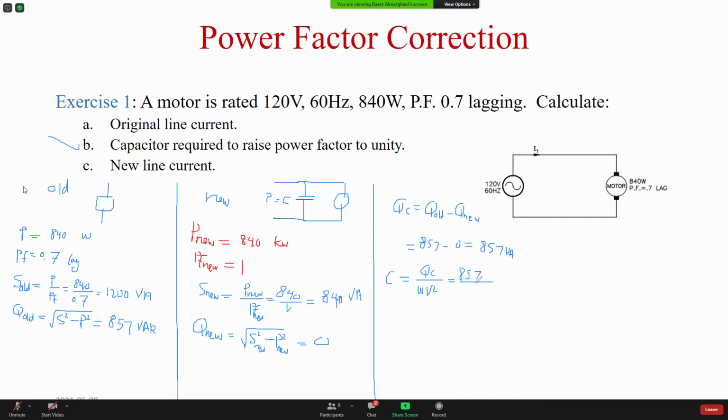Omega is 2 pi, and frequency is 60, given to me, and V squared is 120 squared. This gives me the capacitor C. It's going to be something in micro maybe, or in milli.